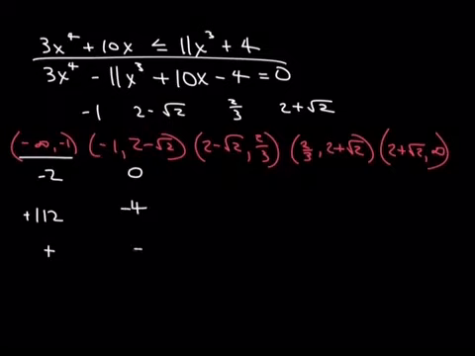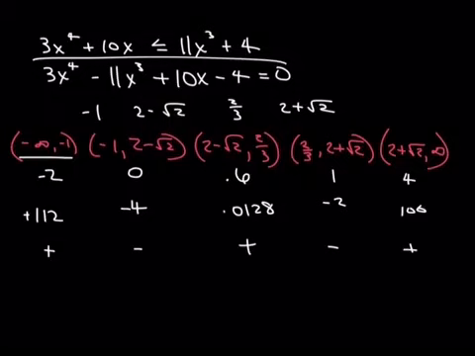And for this one, they put in 0.6, and we get 0.0128, but the thing we care about is that it's positive. Here we plug in a 1, and it kicks out a -2, so that's our negative. And here we put in a 4, we get a 100, and we get a positive.